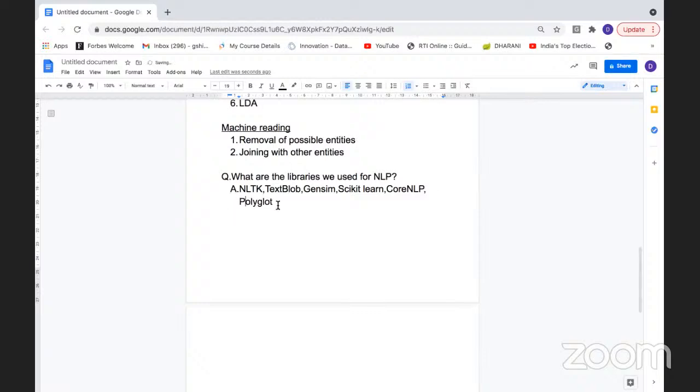Okay, now when we know the libraries, let us start the process here. Whatever processes we come across, I would like to know which process we use to convert a keyword to a base form.